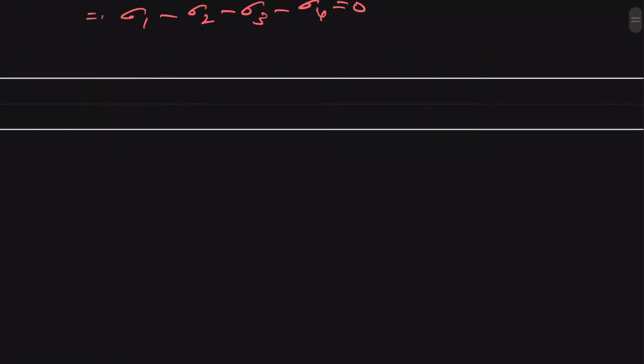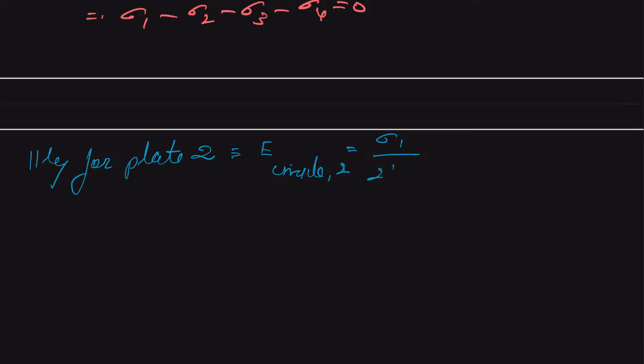Therefore, we can write similarly for plate 2, the electric field inside our plate 2 will be equal to sigma 1 upon 2 epsilon naught plus sigma 2 upon 2 epsilon naught plus sigma 3 upon 2 epsilon naught minus sigma 4 upon 2 epsilon naught, and this is equal to 0.